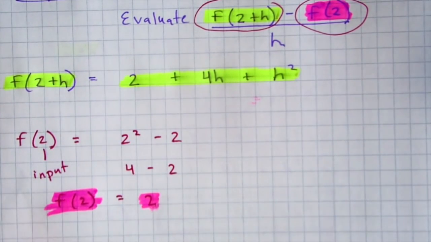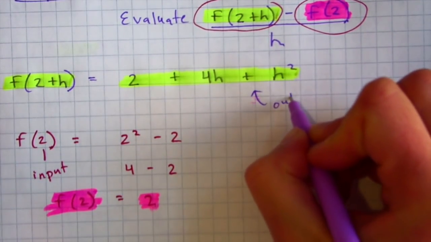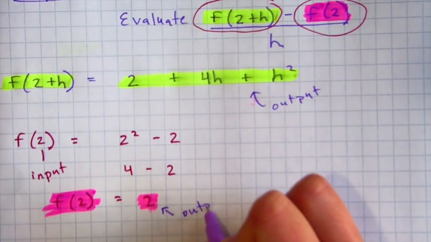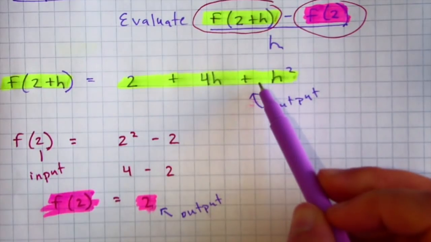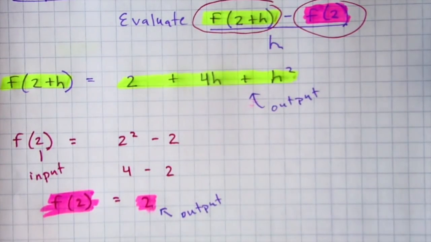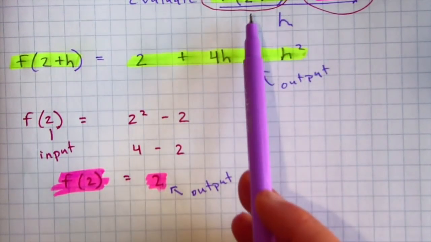Let me go ahead and label them as outputs. So what I found was an output given a certain input. I can plug these outputs into this expression I'm trying to evaluate. So I'm going to go ahead and copy down this expression I'm trying to evaluate.